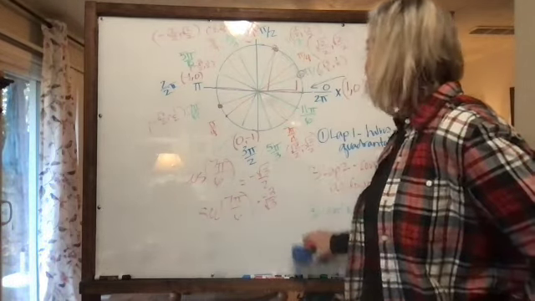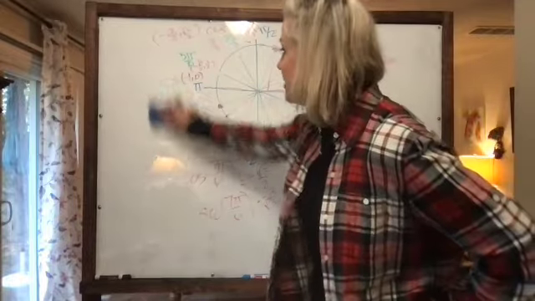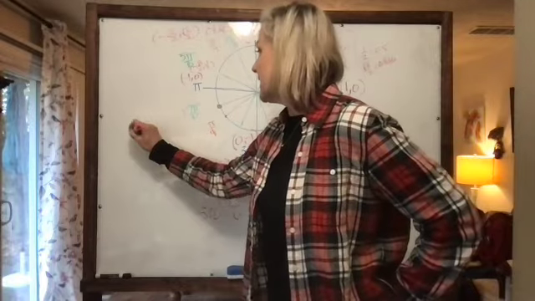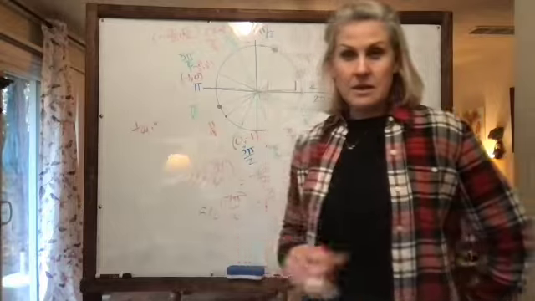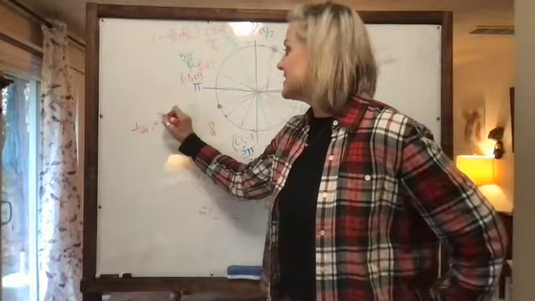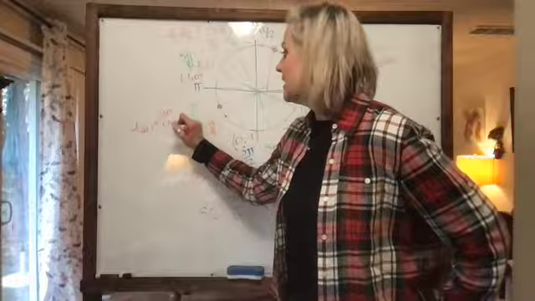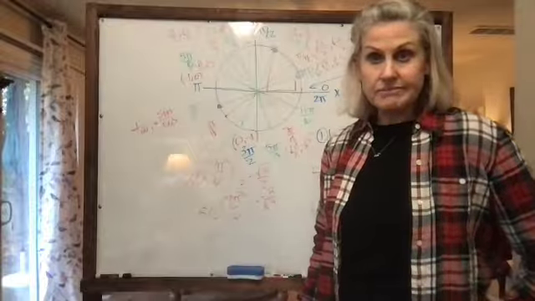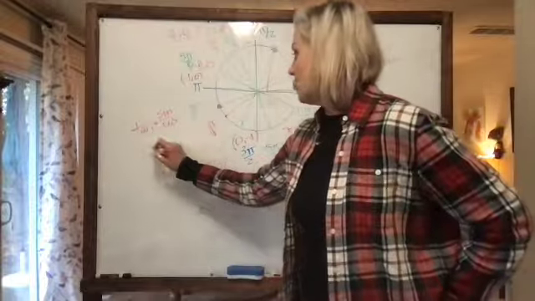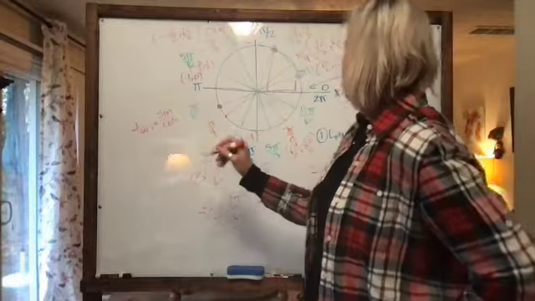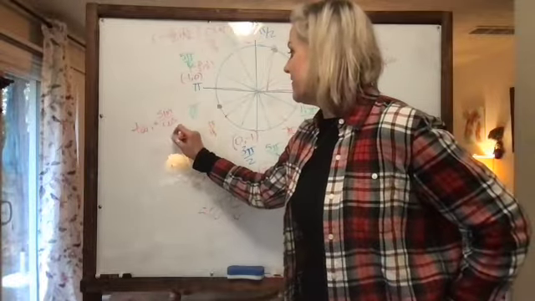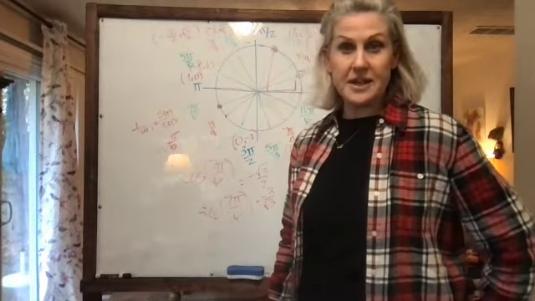And lastly, if you are asked the tangent of anything, the tangent is the sine over the cosine. So if they said, what's the tangent of 11 pi over 6?